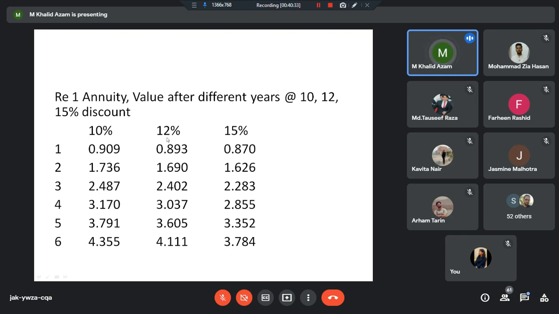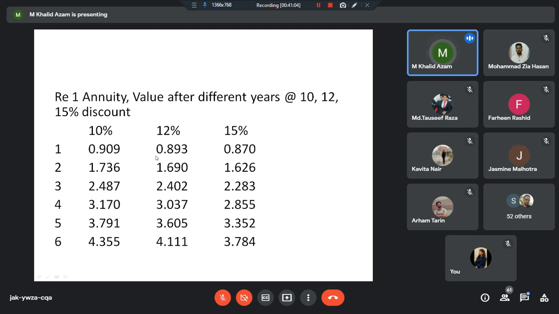Try to understand this 12%. This is going to remain the same because it is for the first year. So this is the same factor you got for the non-annuity. In 1 year it is the same, but in the second year you have received 1 rupee more, so 2 rupees. At 10% it was 1.736, but at 12% it is not going to remain that much. It is going to reduce, so this has reduced to 1.690.